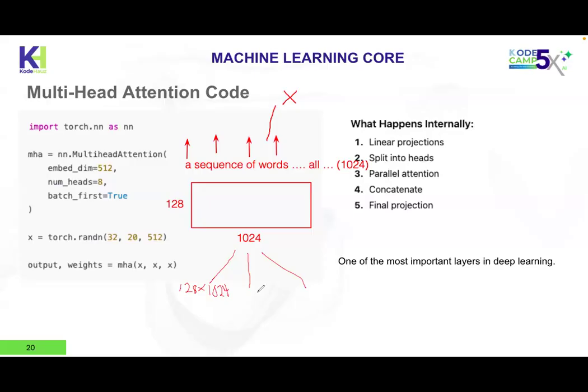Now when you do your QK transpose, there's a third dimension. So you have 128 by 1024.